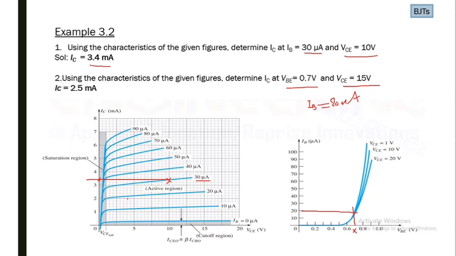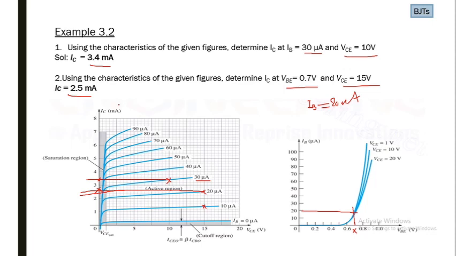So for 20 microampere we are at this characteristic curve, and for VCE equal to 15 volt, this point, we can find IC by simply drawing a straight line here, and the intersection with this axis is at around 2.5 milliampere.